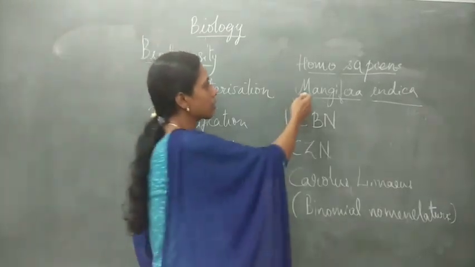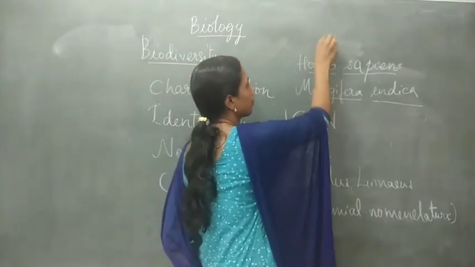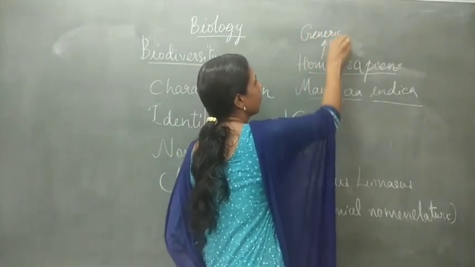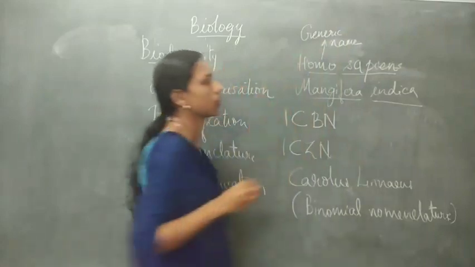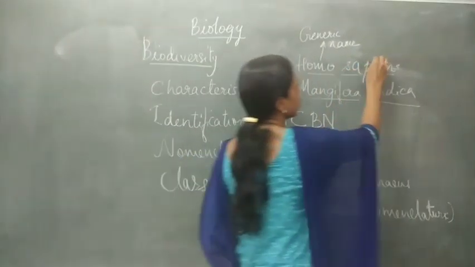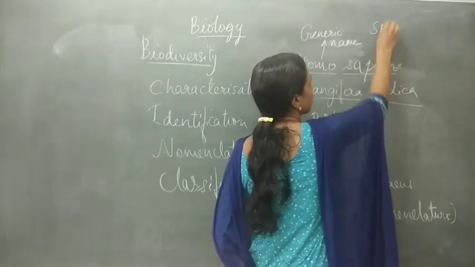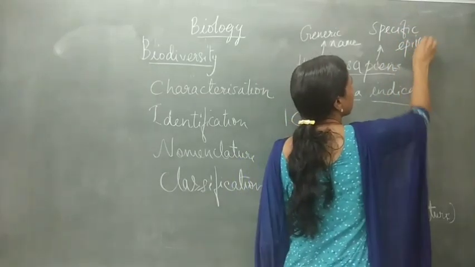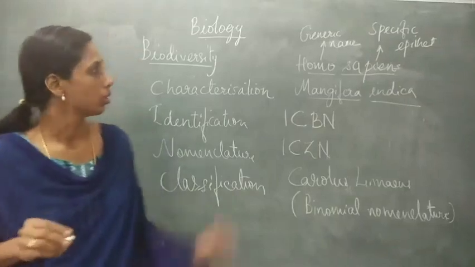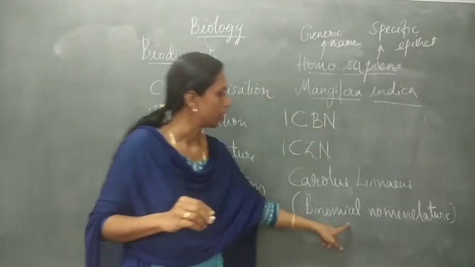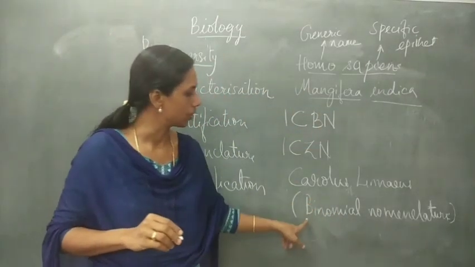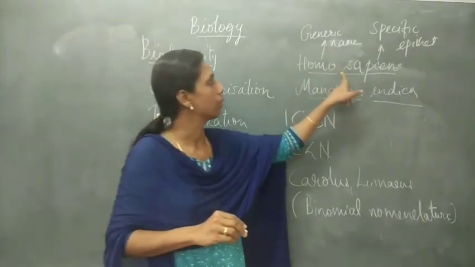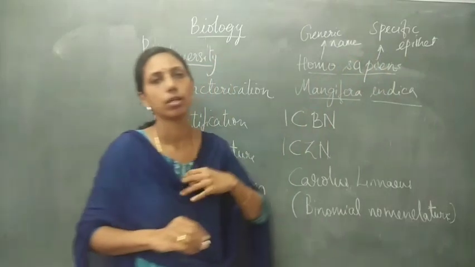And of these two names, the first name is called the generic name or the genus name, and the second name is called the specific epithet. So the binomial system of scientific naming consists of two names. The first name is called the generic name, the second one is called the specific epithet.